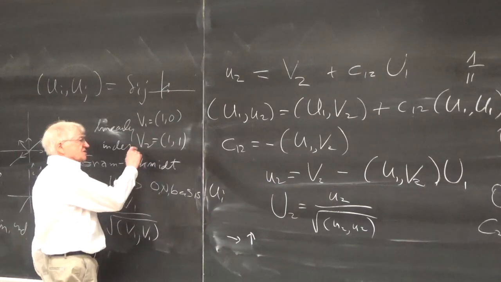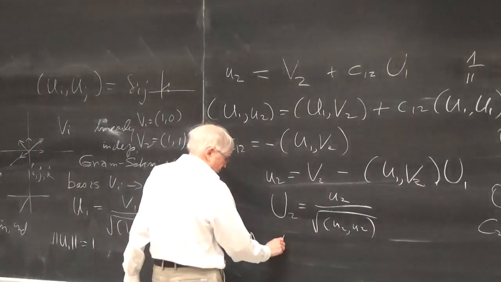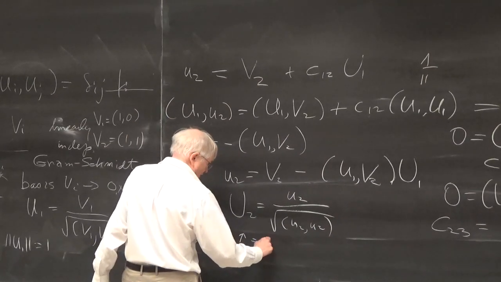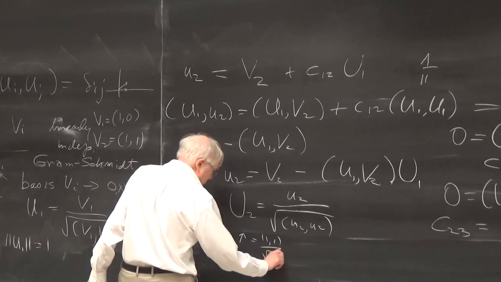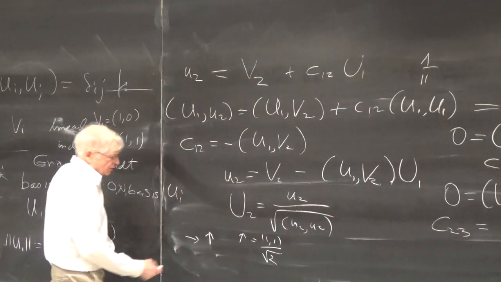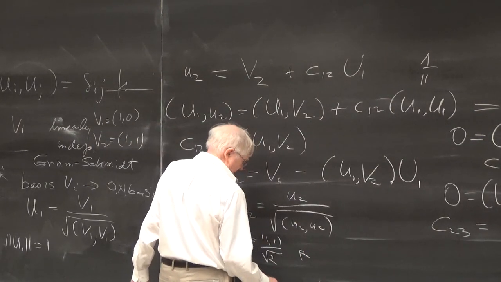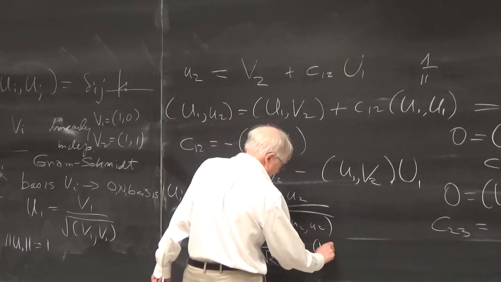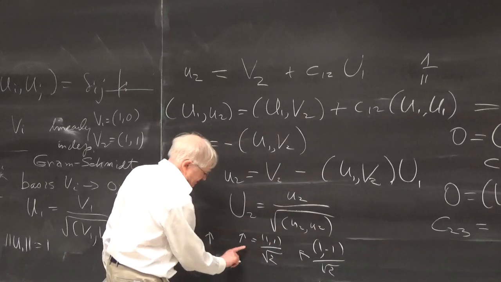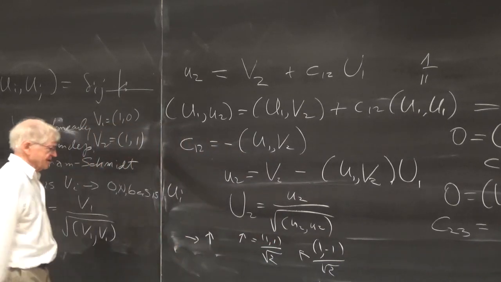On the other hand, if you started with v2, then your first u vector would be (1, 1) divided by the square root of 2. And your second vector would be perpendicular to this, so it would be off in this direction. It might point down, I don't know, depending on the sign.